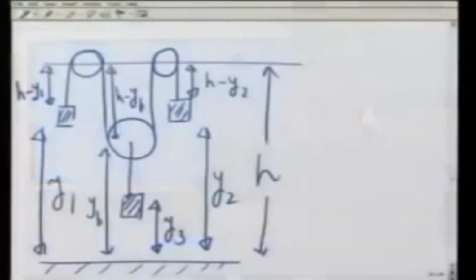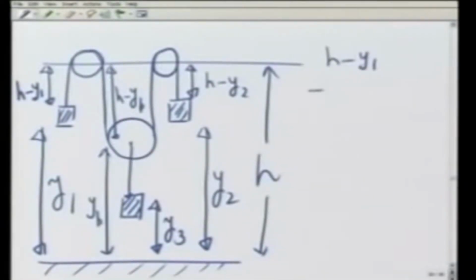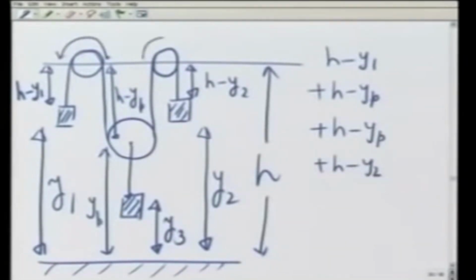Therefore, the length of the rope is h minus y1 plus h minus yp, plus another h minus yp plus h minus y2, and these distances are also fixed because the radius of the pulley is fixed. So this is going to be equal to a constant.